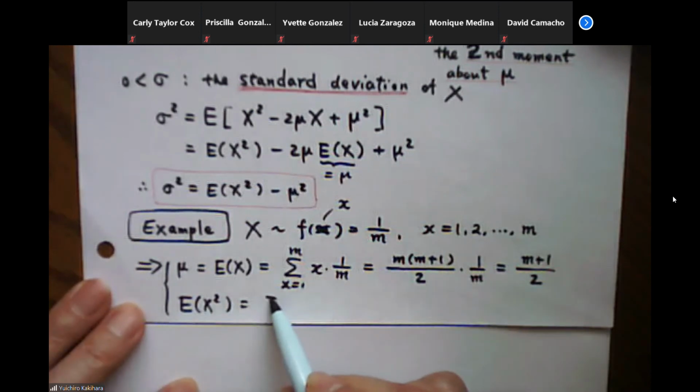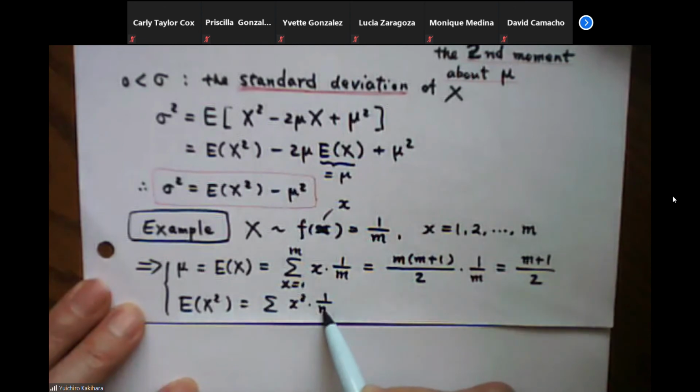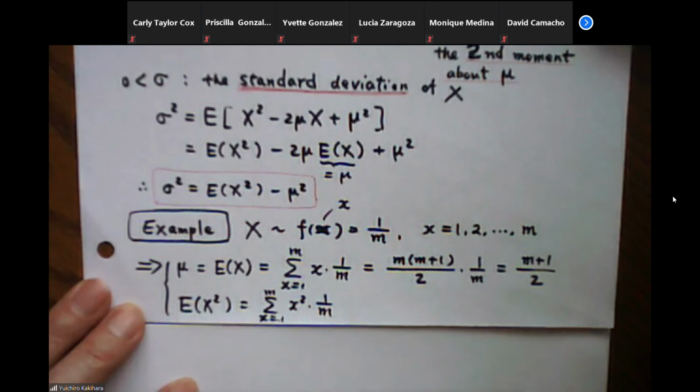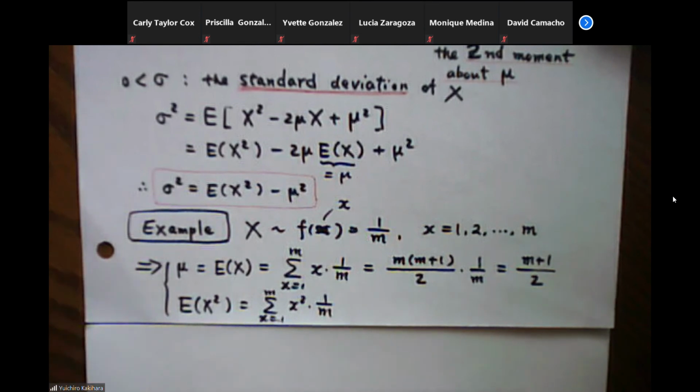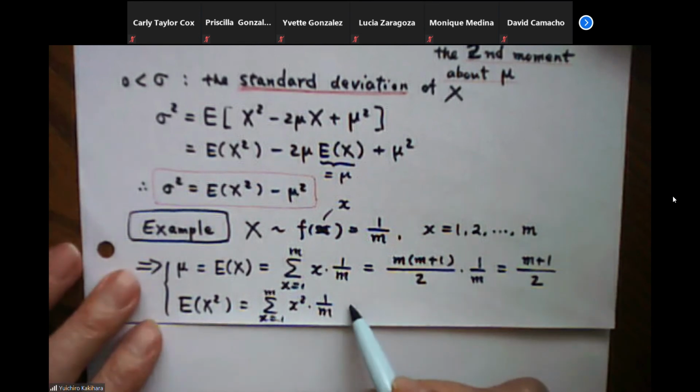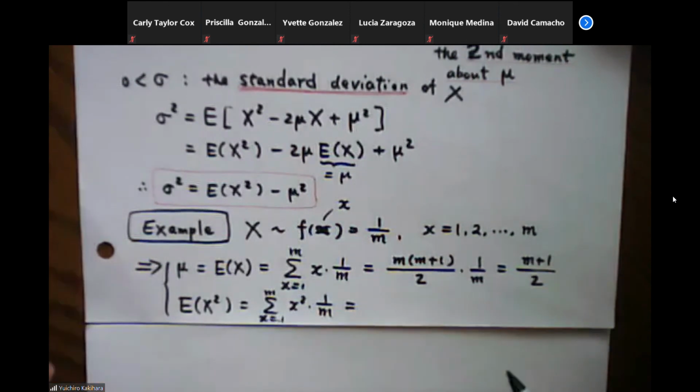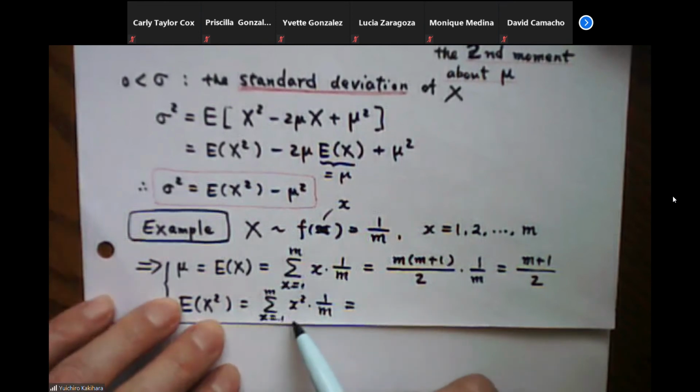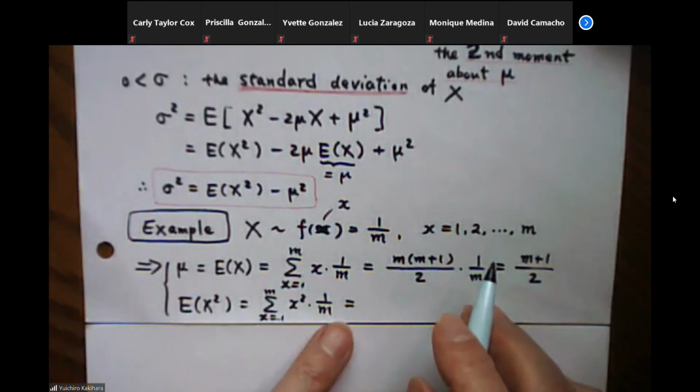So this is the sum of x squared times 1 over m, with x equal to 1 through m. What is the sum of x squared? We know the formula.